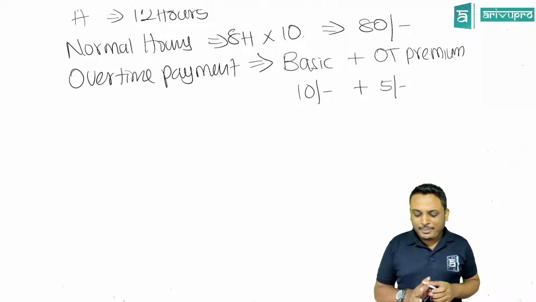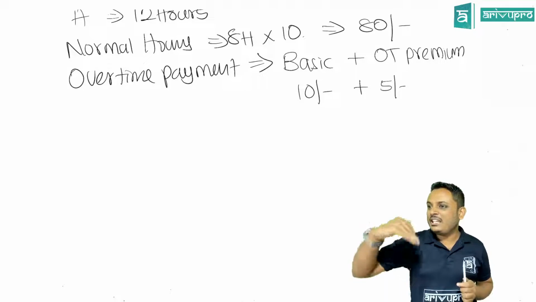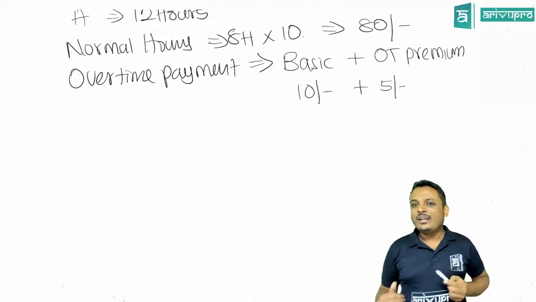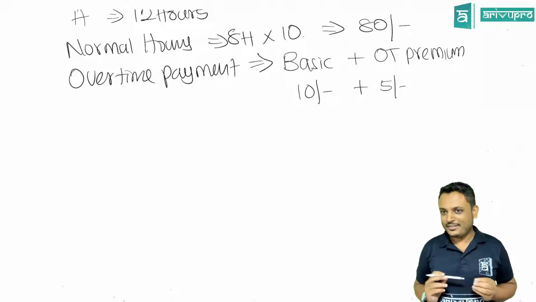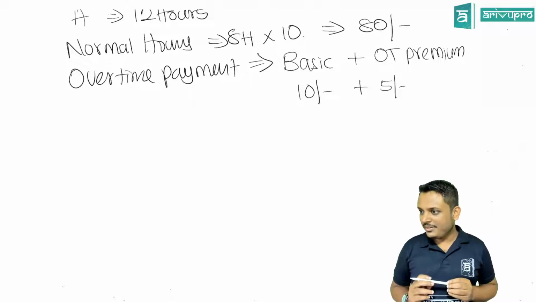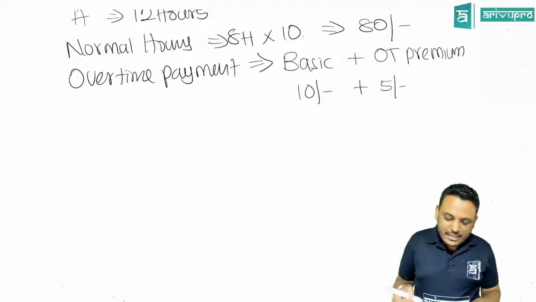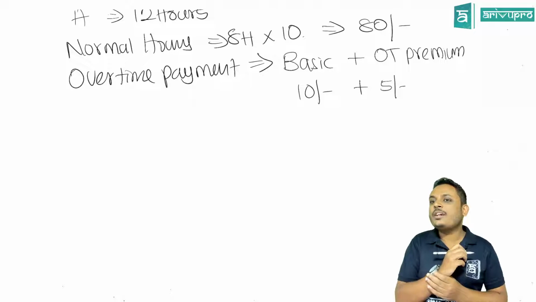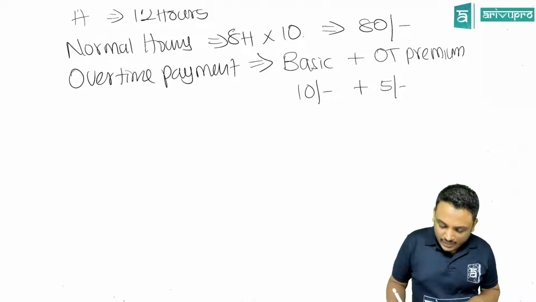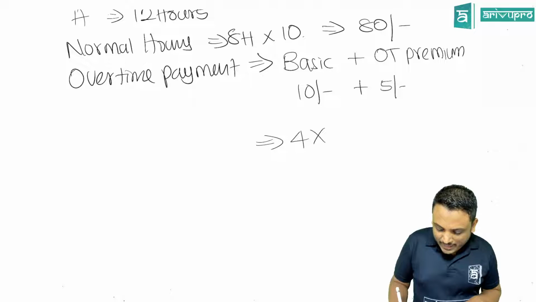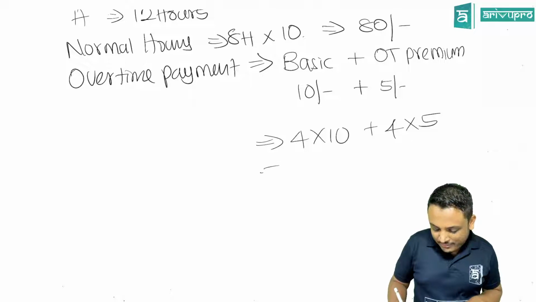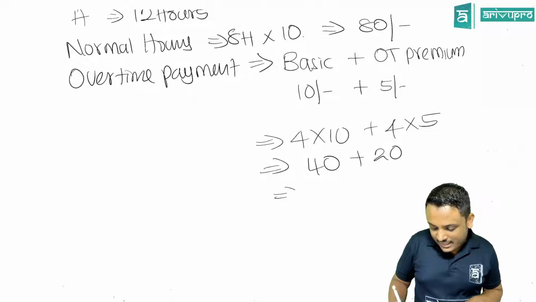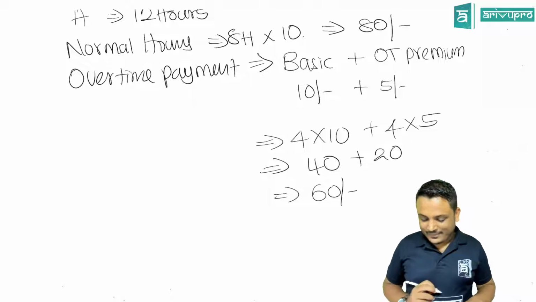So if overtime payment is 1.5, 1 means basic and the half is the premium. Understood? So when he works overtime 4 hours, 4 multiplied by 10 plus 4 multiplied by 5. So 40 plus 20, 60.